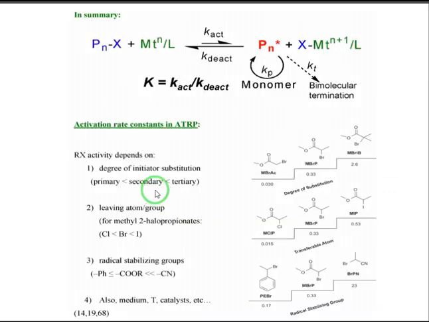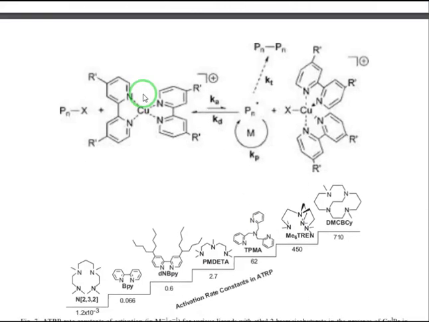And you see here that we can change, let's say, the halogen that is going to detach and the other properties of our initiator in order to control the reaction rate. You see here that we can change from chlorine to bromine and iodine, and also the degree of the initiator and the radical stabilizing groups can differ, and based on that we can vary and change the reaction rate.